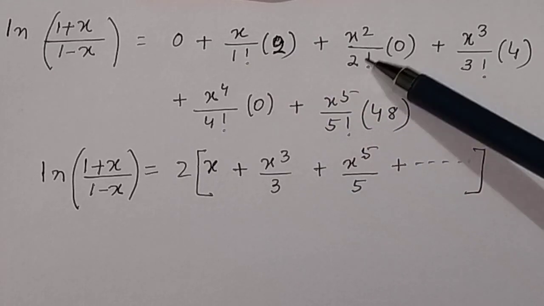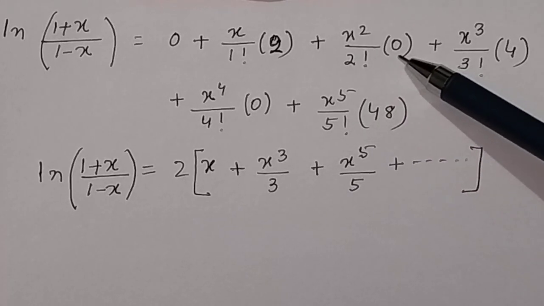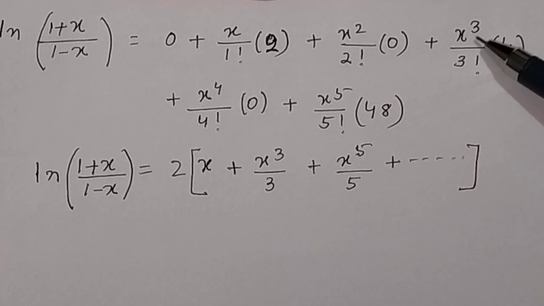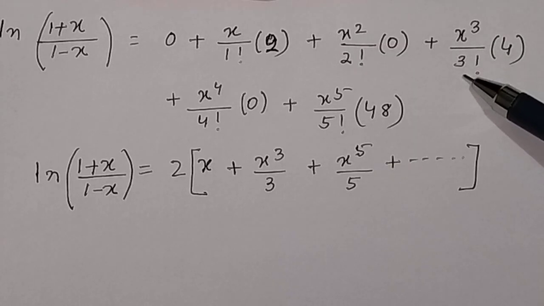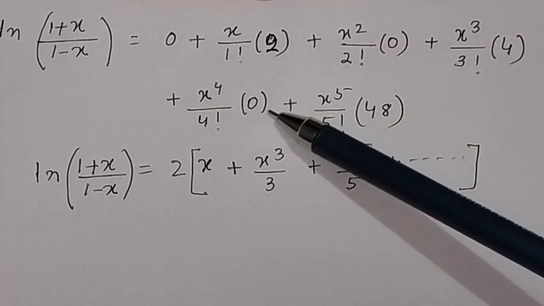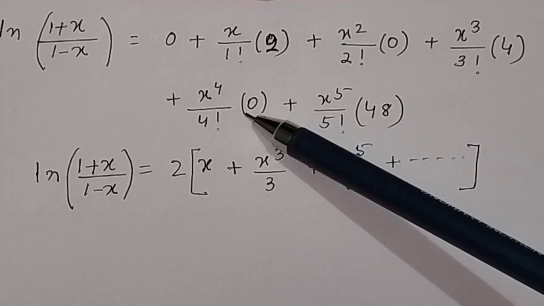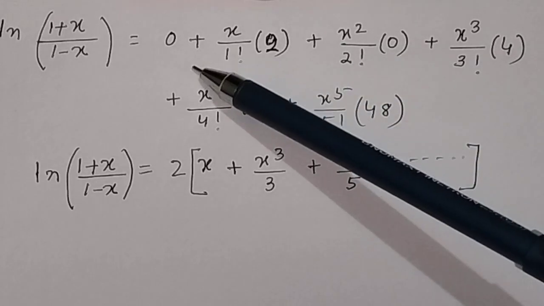And the third term is x square divided by factorial 2 and f double dash 0 is equal to 0. And in the fourth term you have x cube divided by factorial 3 into the third derivative, which is equal to 4. And this is the next term and this is the next term. So this term is equal to 0, this is 0, this is 0.